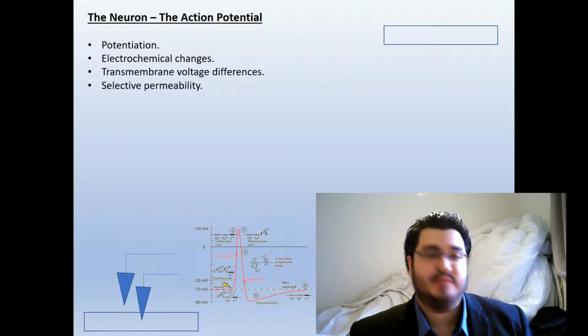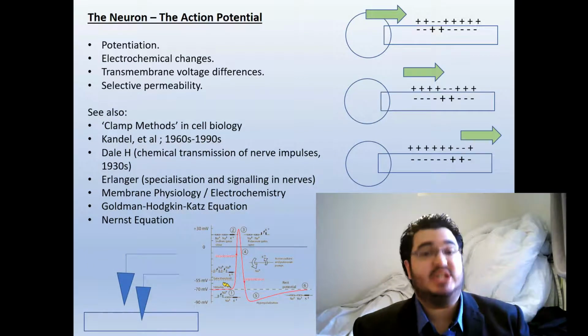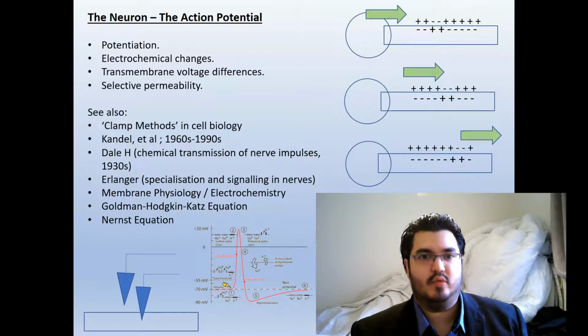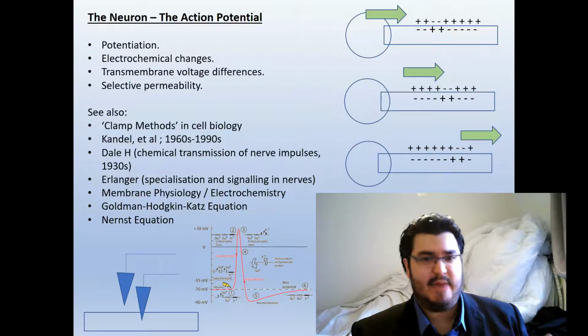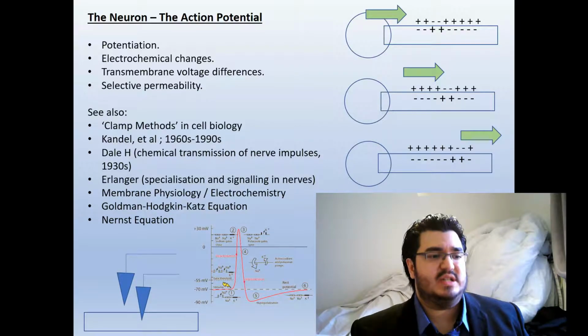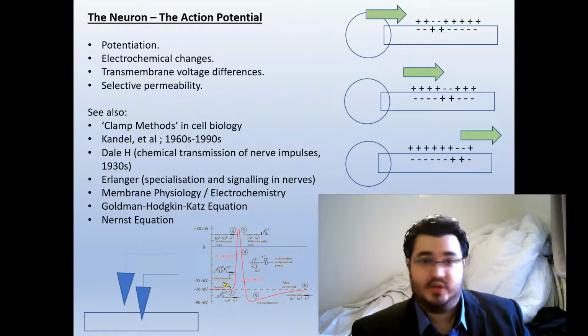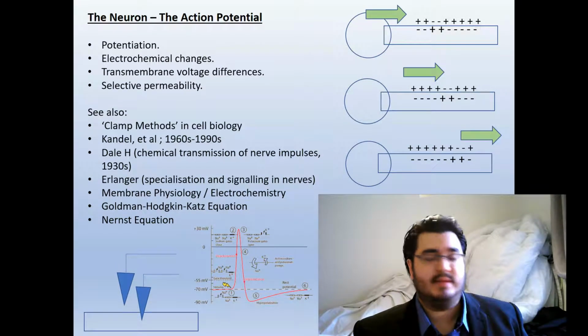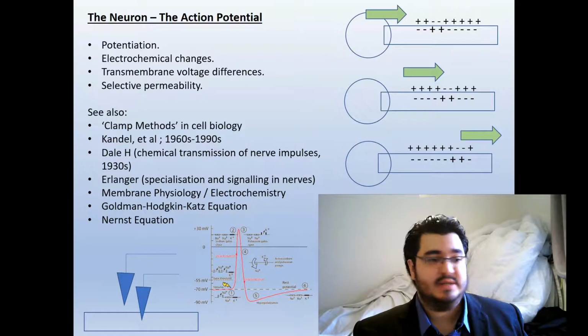So the action potential. I'll be very brief here. It's based on potentials, electrical potential and chemical potential, or electrochemical potentials, which are the differences across the membrane. So we have transmembrane voltage differences that are based on electrochemical changes.